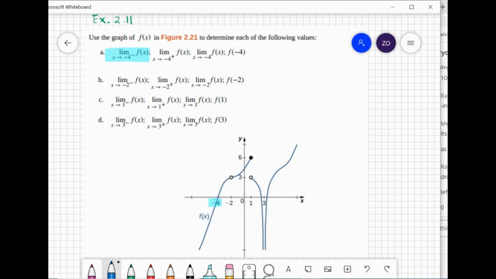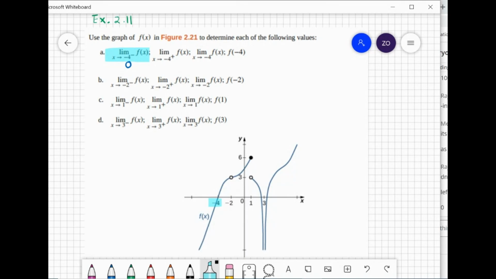Just pick some values that are close to -4. What are their y values? Their y values are getting close to 0. So we can say the limit as x approaches -4 from the left side equals 0.